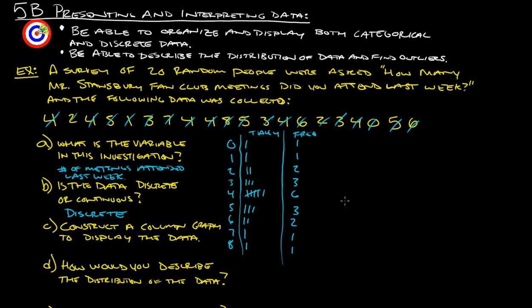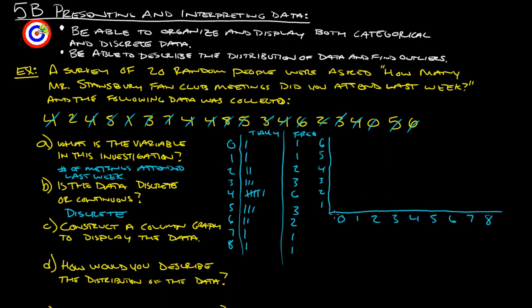Now we can make our column graph. Again, we go from 0 to 8. It's good to have your frequency along the side. The most that we have is 6, so we'll do 6, 5, 4, 3, 2, and 1.